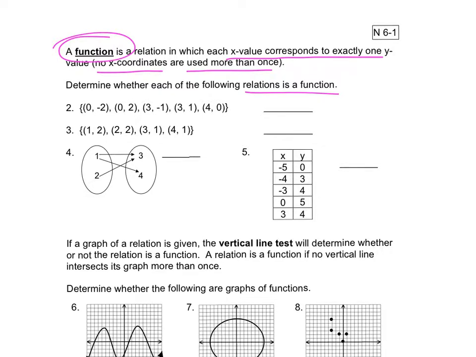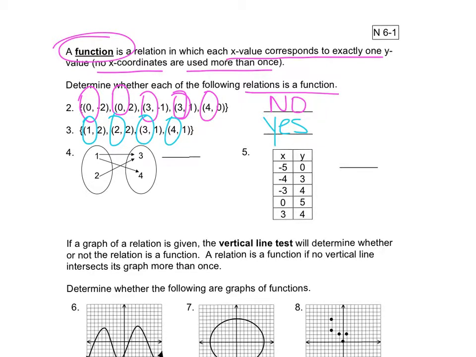So when you're determining if it's a function, you're only looking at the X values. So notice there we have 2 different 0s and 2 different 3s. So therefore this would not be a function because the X values repeat. The next one, same thing, look at only the X values. Notice they're all different, which means it is a function.